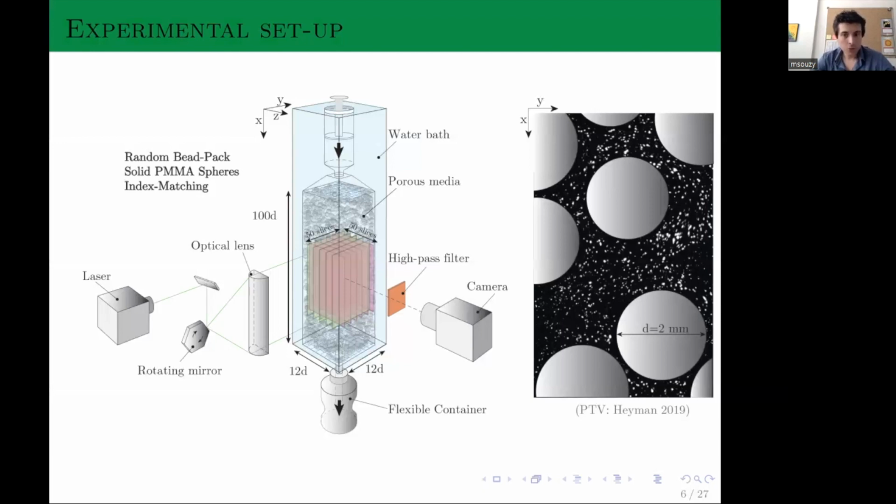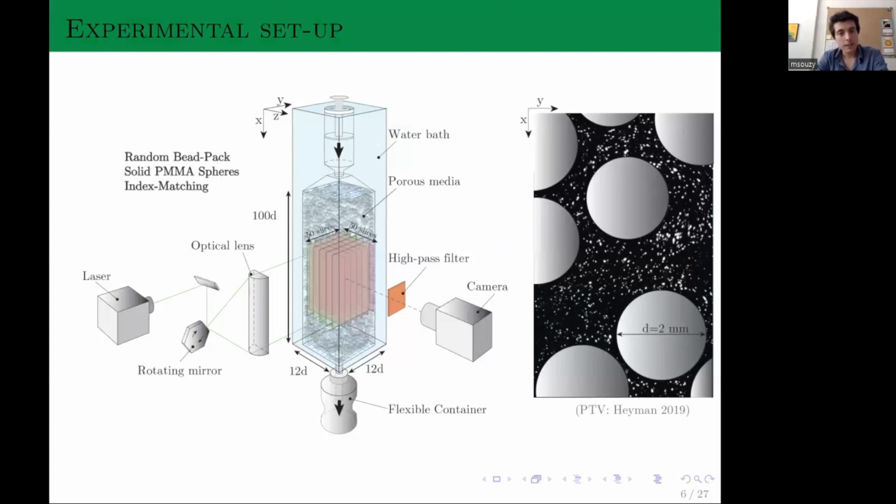The interstitial fluid, as you can see here on the right, is seeded with tiny fluorescent tracers. These are the white dots on the images. These are passive tracers, so they are not subject to Brownian agitation.